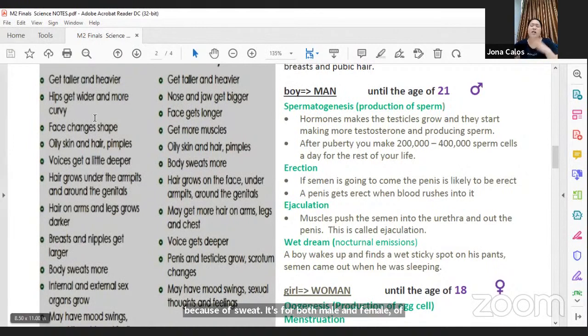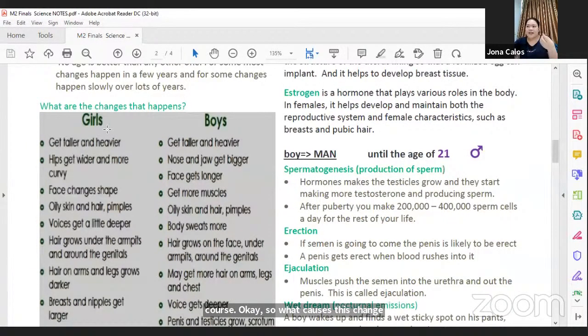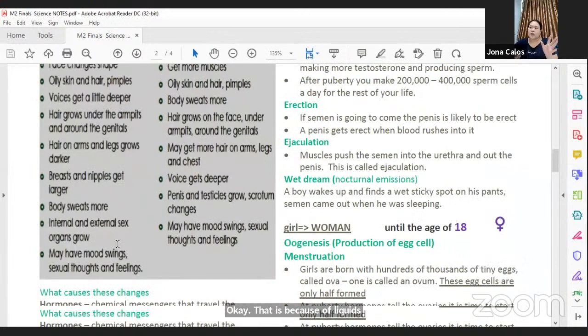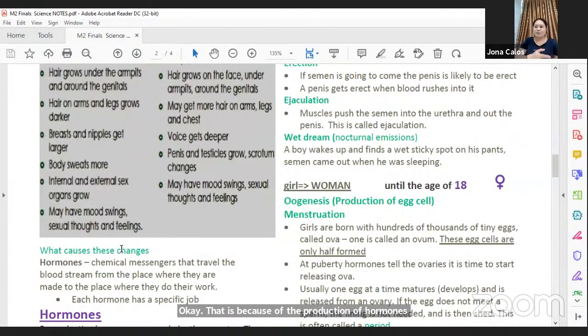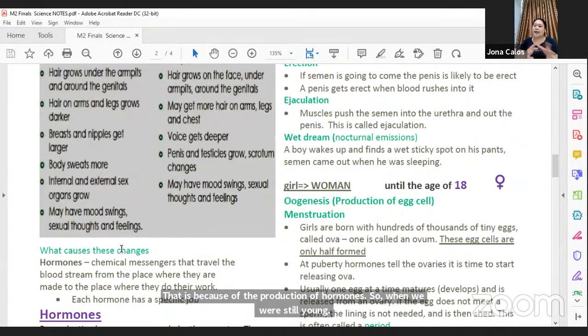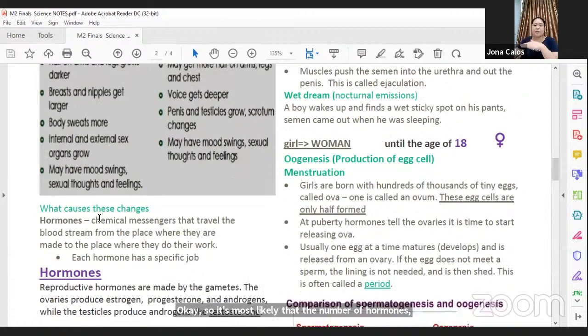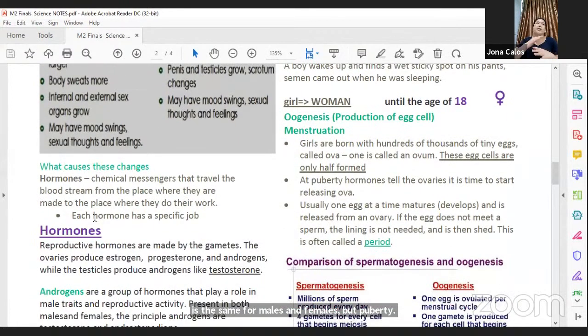So what causes these changes? Why do we have this? When we were children, we don't have it. That is because of the production of hormones. When we were still young, it's most likely that the number of hormones is the same for males and females. But as we enter puberty, these hormones start to either increase or decrease.